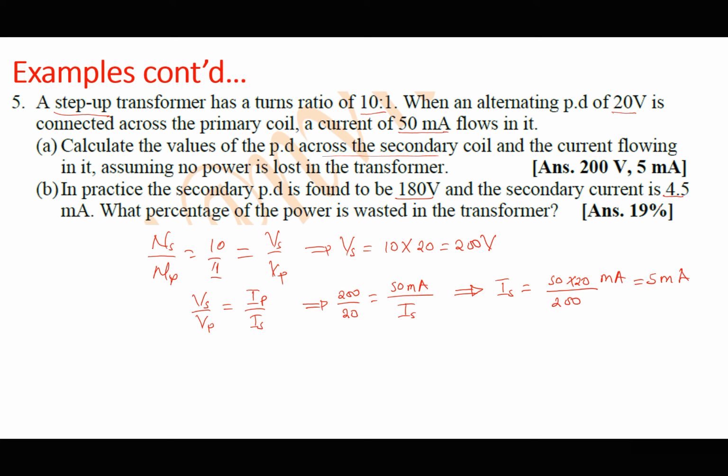So theoretically, the power is, I'll call it power 1.